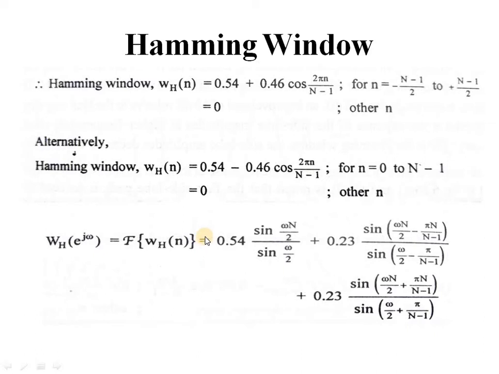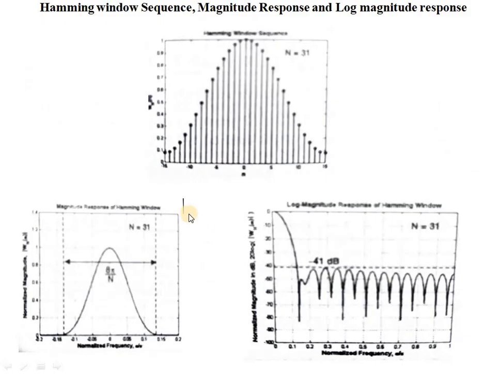Once again, this slide represents the Hamming windowing sequence for n equal to 31 with a value of A equal to 0.54, and this represents the magnitude response of the Hamming window and the log magnitude response of the Hamming window in sequence.